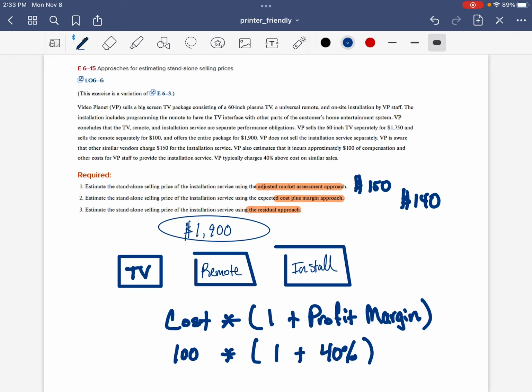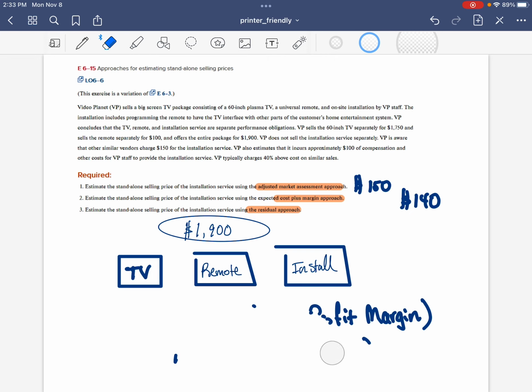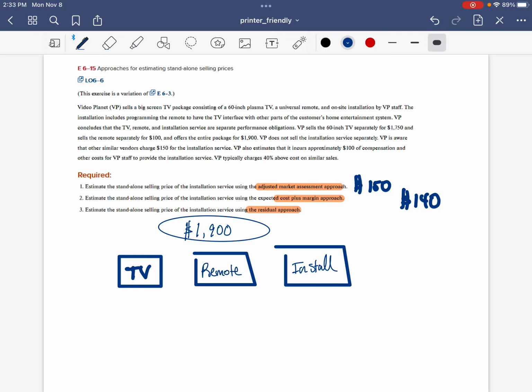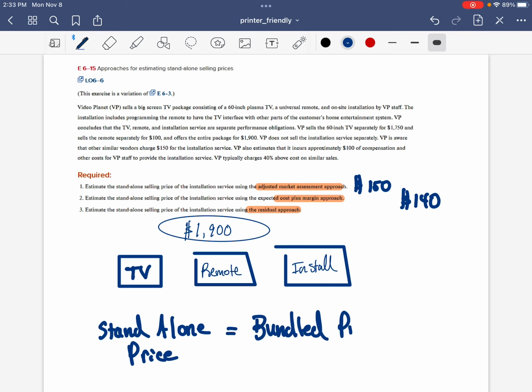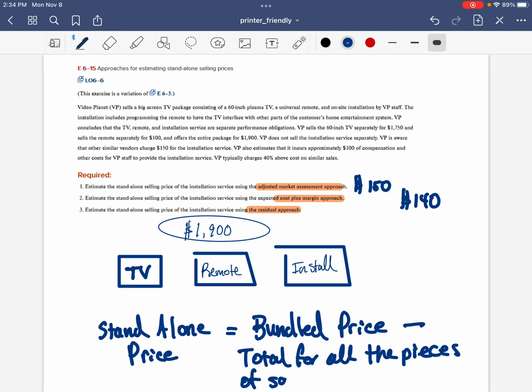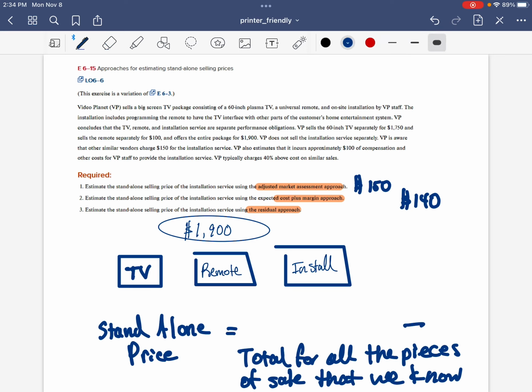The last one is the residual approach. The standalone price is equal to the bundled price, which is $1,900 here, and from that we subtract the total for all the pieces of the sale where we know the standalone price. The customer can get all 3 for $1,900.